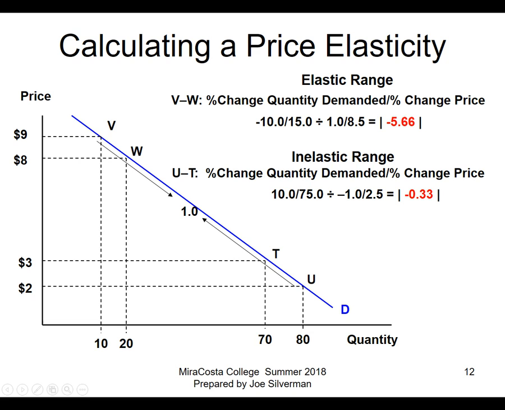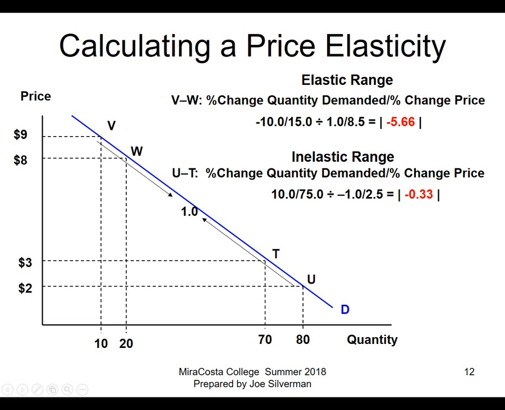What is the implication of this? What is the implication of having some range along the demand curve that is between 0 and 1 and some range along the demand curve that's greater than 1? It means that somewhere in the middle, we're going to transition from a number that's less than 1 to 1 before getting to a number that's greater than 1. And remember what I said about the significance of a price elasticity of demand of 1.